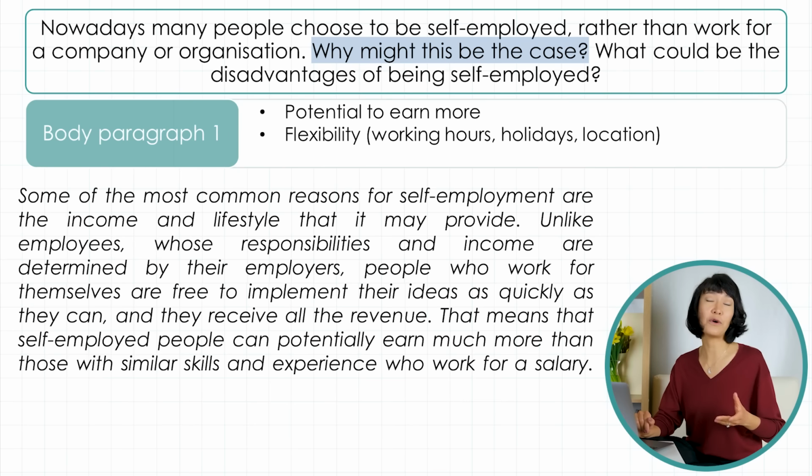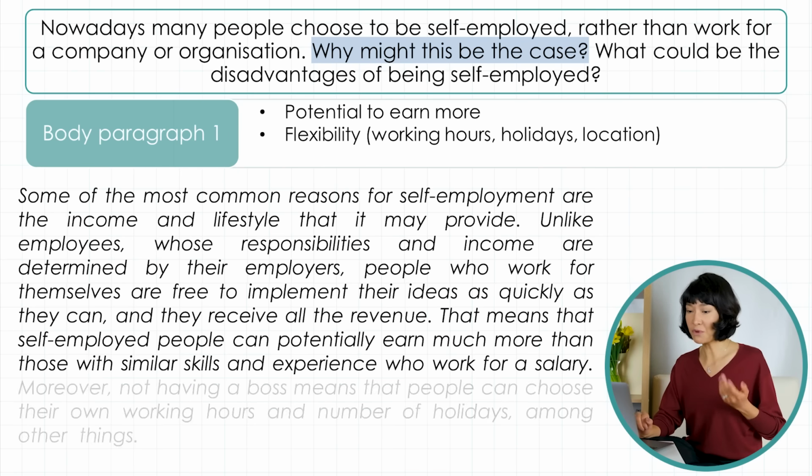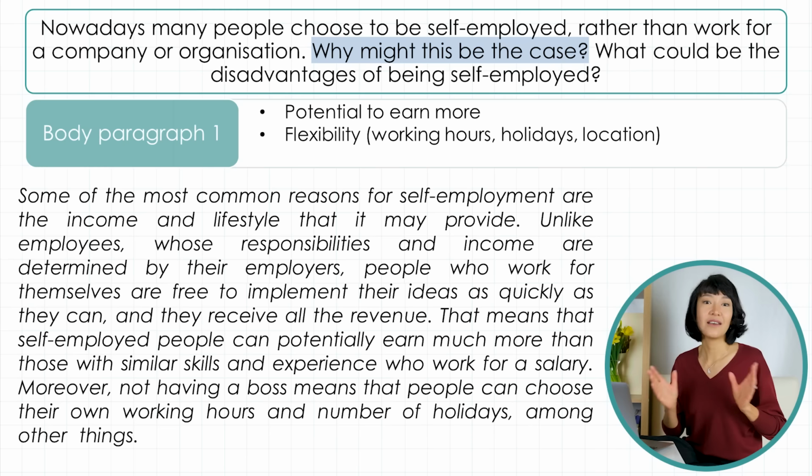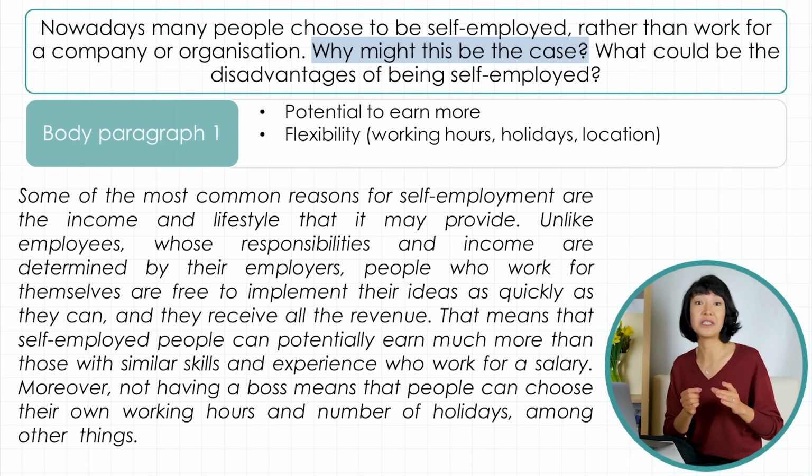And sentence 4 states the same in terms of freedom. Moreover, not having a boss means that people can choose their own working hours and number of holidays, among other things. The last sentence has a very general example of the reasons why self-employment is becoming more popular and summarizes this paragraph.